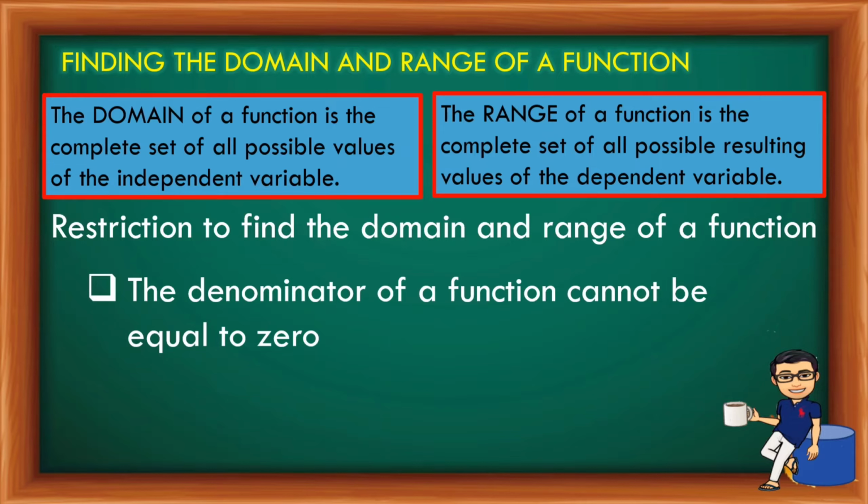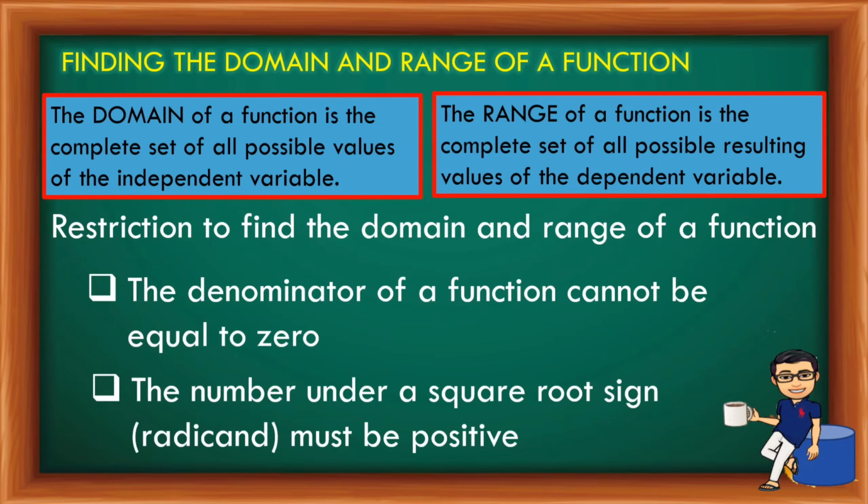So kung fraction ang ating function, dapat yung denominator niya hindi pwedeng maging 0. Another one is that the number under a square root sign or the radicand must be positive. So under the radical symbol, hindi pwedeng maging negative numbers.